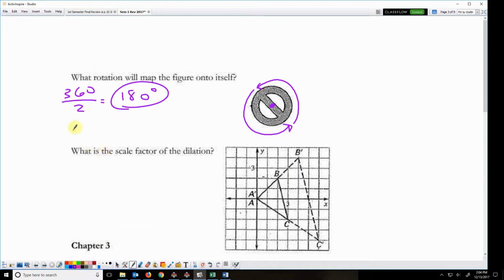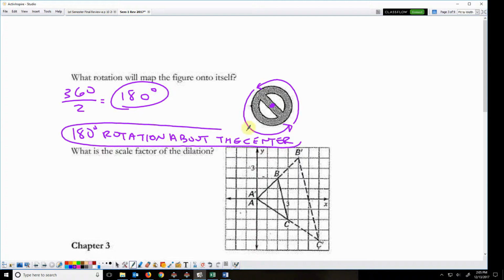So I would call that a 180 degree rotation about the center of the figure. That's the rotation that rotates it or maps it onto itself.